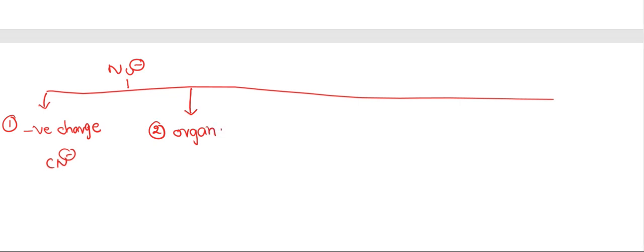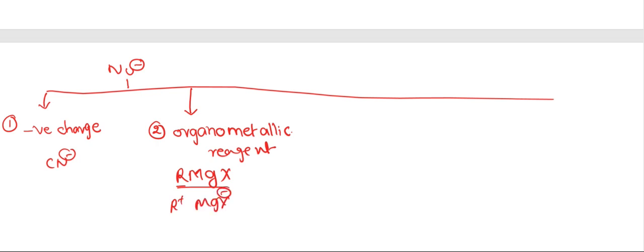Organometallic reagents are, for example, RMgX, familiarly known as a Grignard reagent, and you may think of it as R minus and MgX plus. So this one will attack and act as a nucleophile. This is for identification of nucleophiles in the reactions.